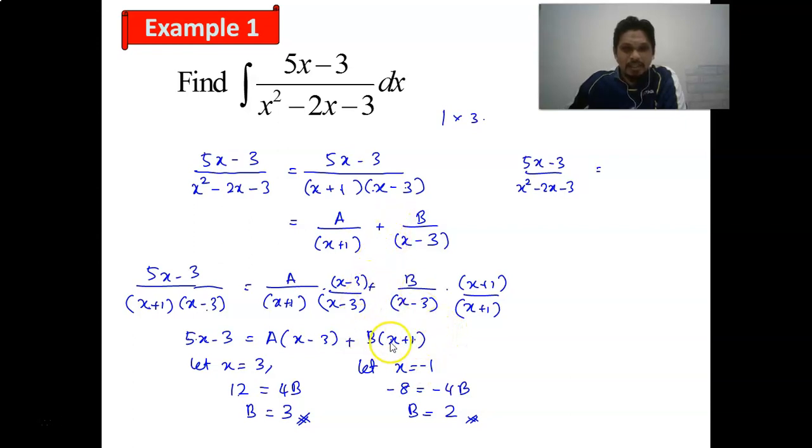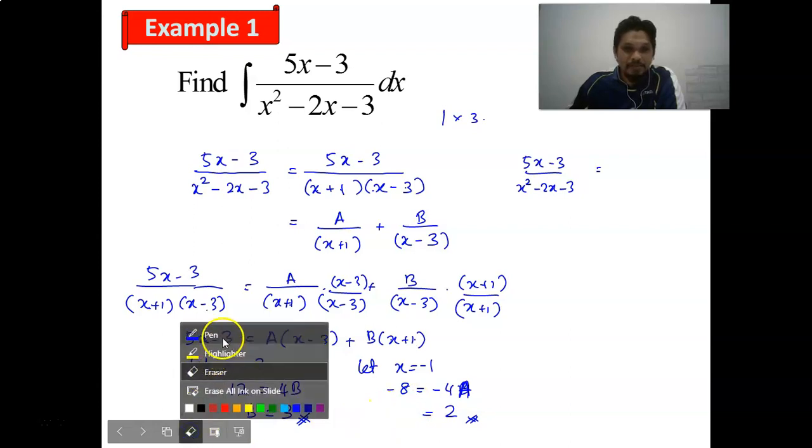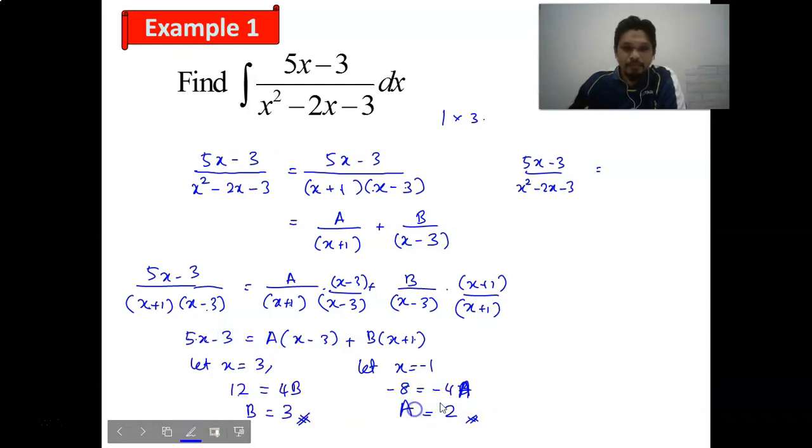So then negative 1 plus 1 equal to 0. Then this is supposedly A here. Okay, sorry. This is an A. So then A equal to 2 divided by x plus 1 plus B equal to 3 divided by x minus 3.